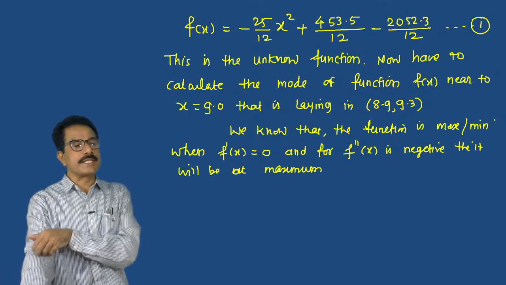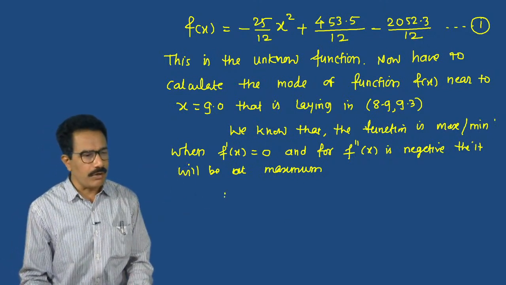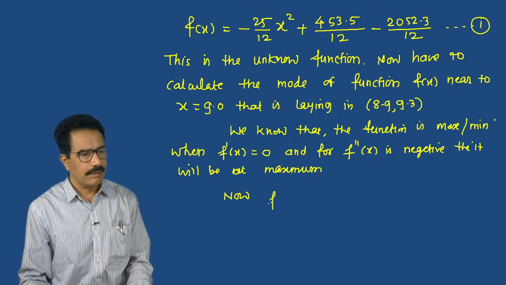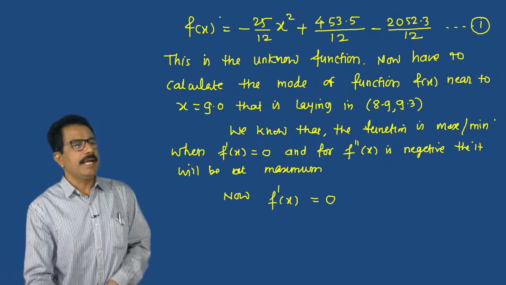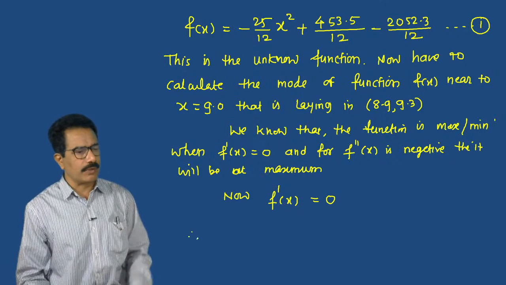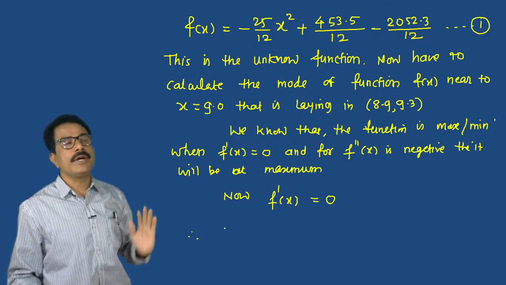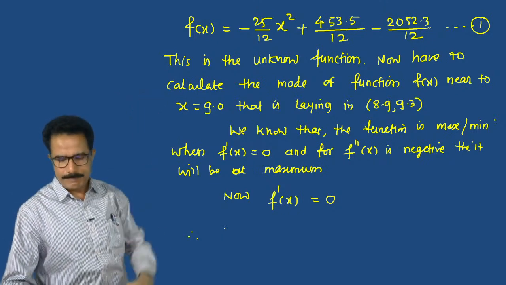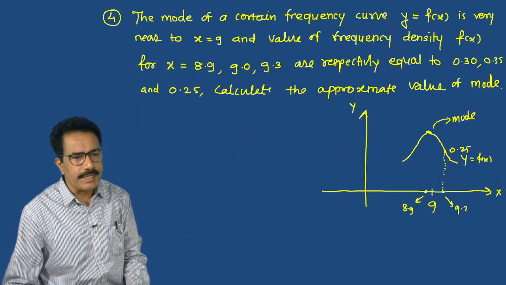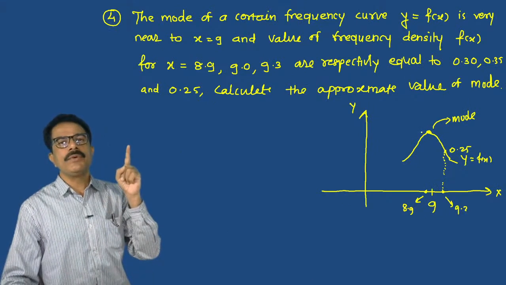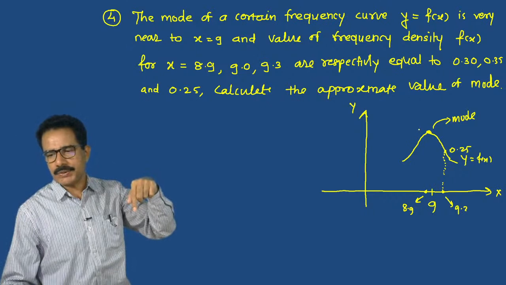So we have to show the first order derivative. Now f dash of x is equal to 0. Now calculate the derivative of this function, because at the maximum point, first order derivative is 0 and second order derivative is negative.